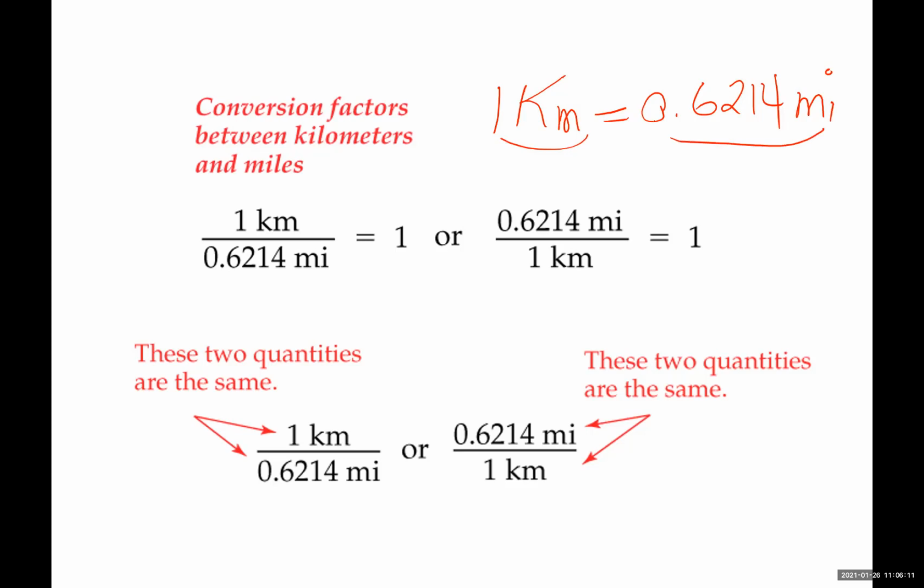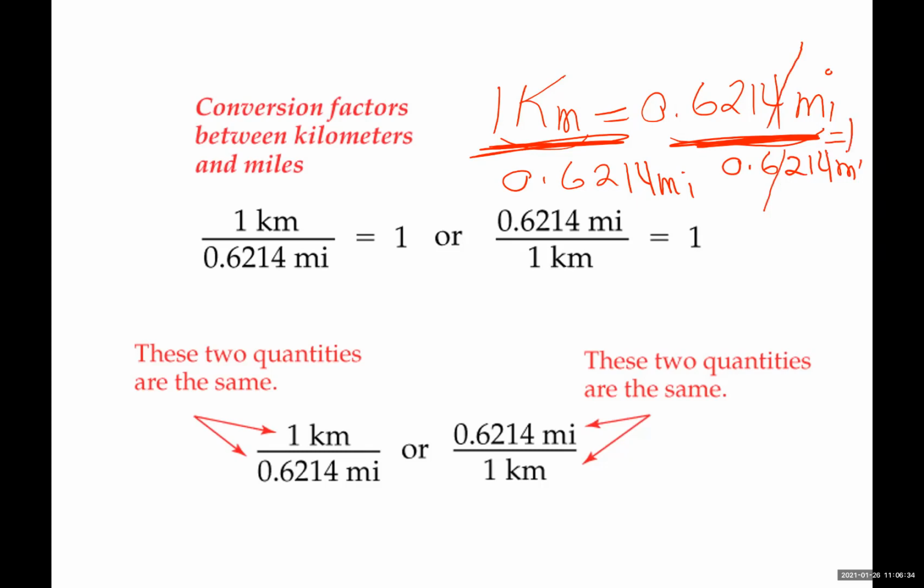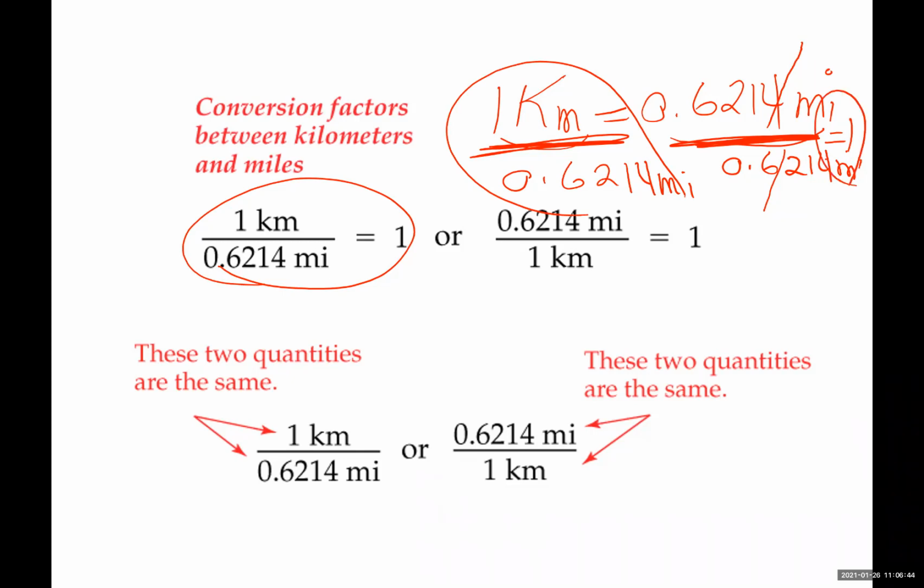If I divide both sides by 0.6214 miles, do I get this divided by the same thing equal to 1? So can I say 1 kilometer over 0.6214 miles is equal to 1? Why? Because the top and bottom are identical.